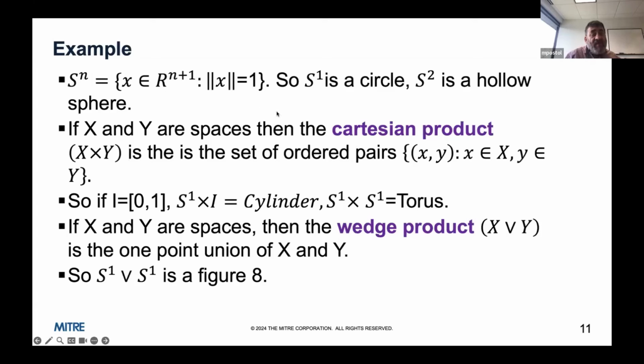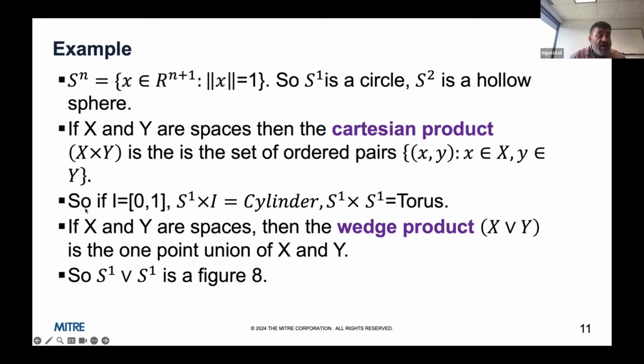So here's an example where cohomology works and homology doesn't. All right, so just again, Sn is going to be all the points in Rn plus 1 whose norm is 1. So S1 is a circle, S2 is a hollow sphere. If X and Y are spaces, then their Cartesian product, X cross Y, is the ordered pairs X comma Y. But it's like putting a copy of Y at every point.